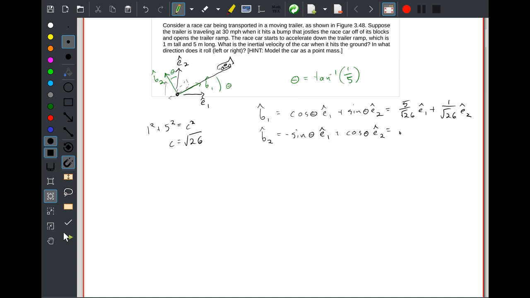B1 is 5 over root 26 E1 plus 1 over root 26 E2, and B2 is negative 1 over root 26 E1 and 5 over root 26 E2. It just saves you from having to use that angle, we don't actually use that angle for anything here. This is all describing the geometry of the motion. So setting up these coordinates is helping me describe my kinematics.